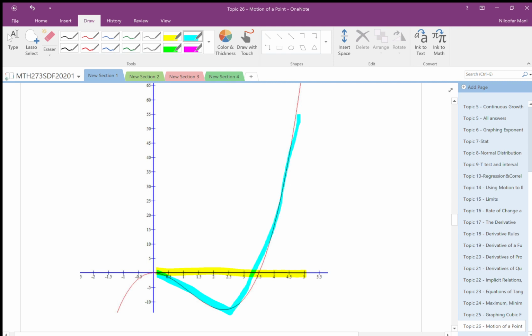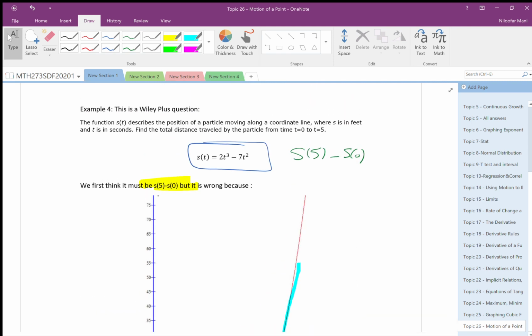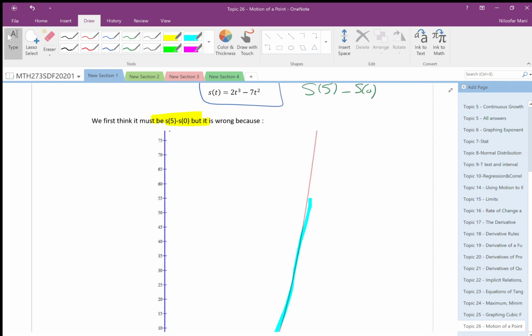So if I say, for example, at 5, what happened at 5? So 2 times 5 cubed minus 7 times 25, which is 75. So at 5 it is here. Yes, it goes to here, 75.